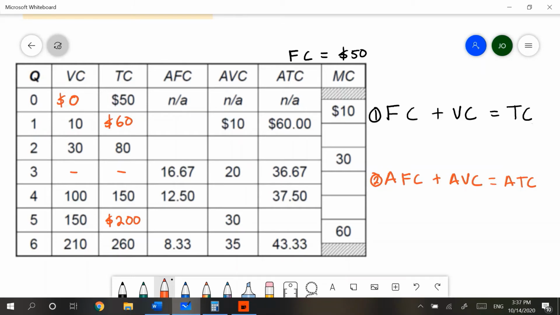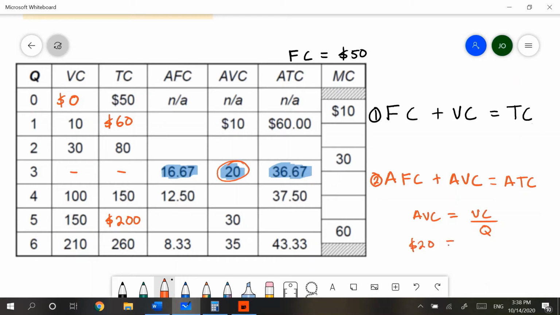Let's pick the easiest number to work with out of these 3 numbers. I will pick a 20. This 20 corresponds to average variable cost. I know that my average variable cost is equal to variable cost divided by quantity. I already have the answer for average variable cost.